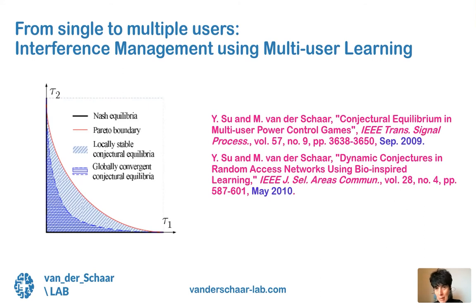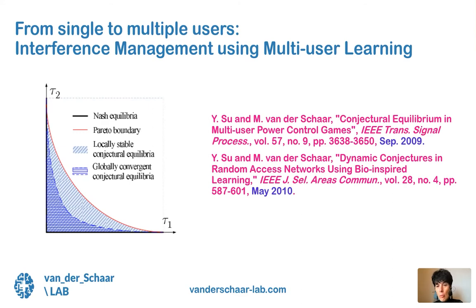And in this relatively simple but very effective multi-agent learning solution, we show the importance of multi-agent learning such that users that are aiming to maximize the sum of utilities across a wireless network are able to optimize their transmissions together.